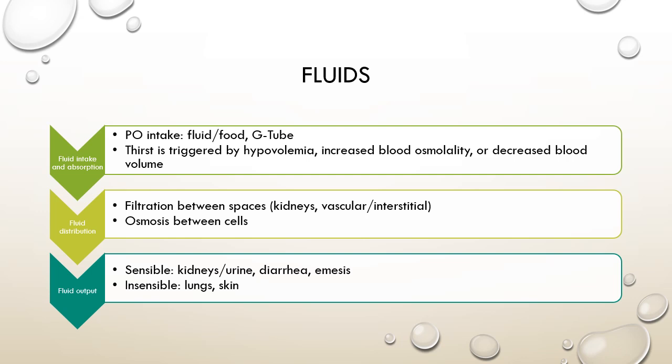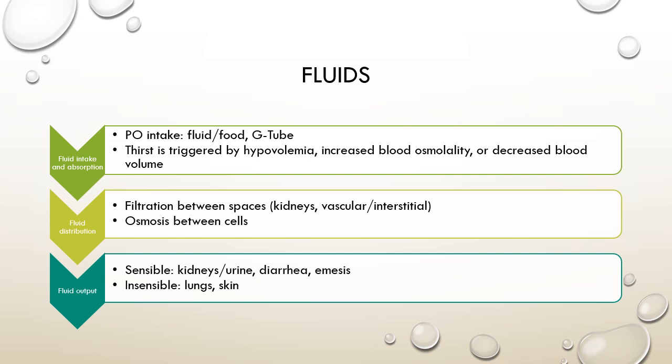Fluid intake and absorption is impacted by oral intake, so your fluid, your food, G-tube, and thirst is triggered by hypovolemia. If there's an increase in blood osmolality, that will also trigger thirst, or a decreased blood volume.